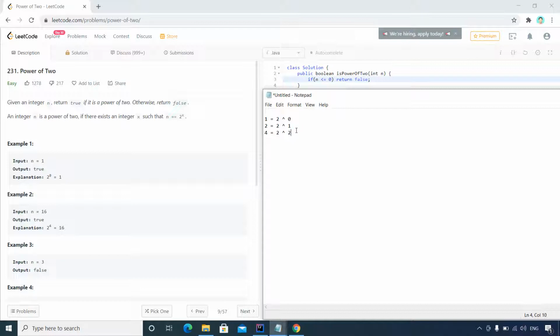It's not possible. So now how can we check whether this positive number is a power of 2?